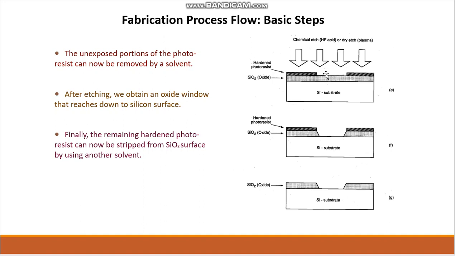Why are we mainly focusing on this region? Because we need the target oxide window over which we can access the channel. The moment we are talking about an IC, let me tell you one thing for VLSI beginners: an IC cannot be made abruptly. An IC is designed step by step.